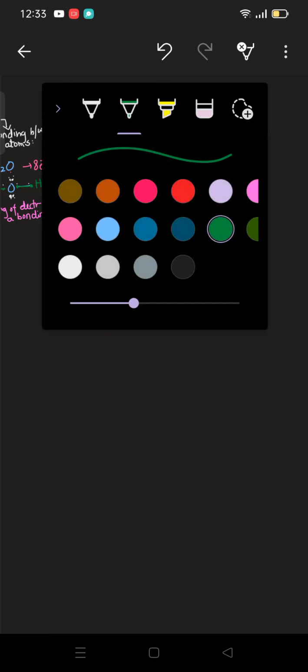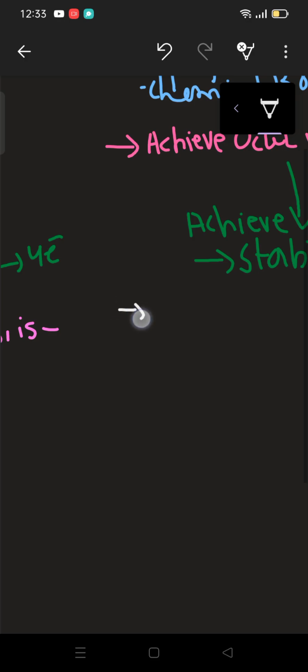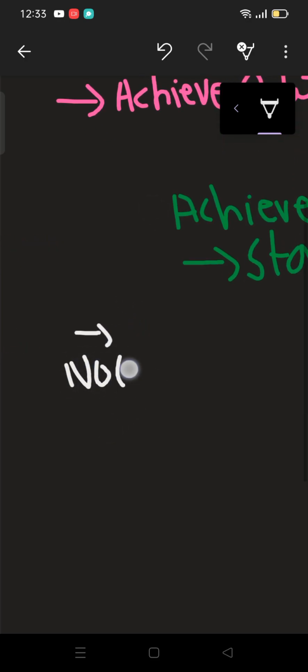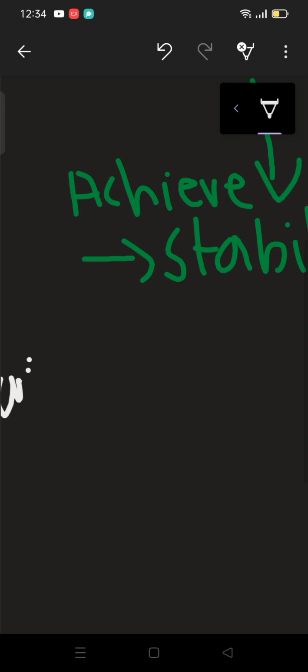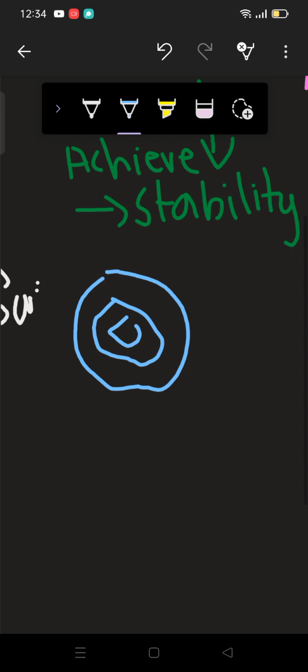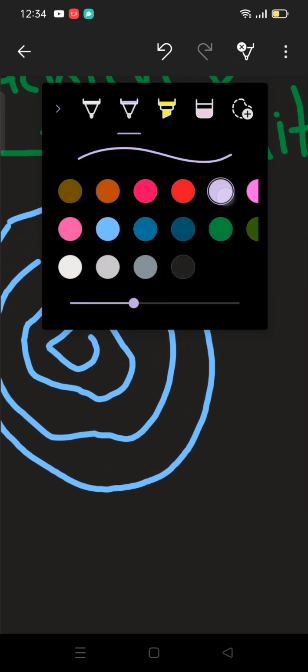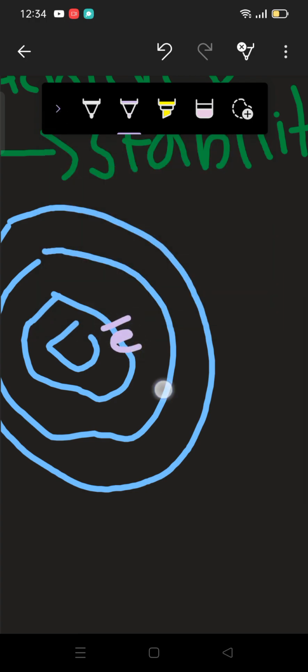Then the scientists came, and now the main reason for formation of chemical bonding is this. I'm explaining with a very good example. For example, I have a nucleus here, this first shell, this second shell, and this is the third shell, right? Here I have an electron, here I have an electron, here I have an electron as well.